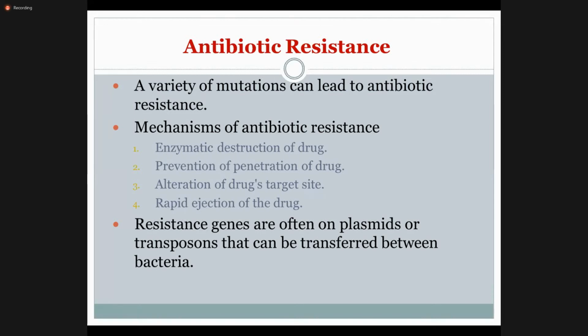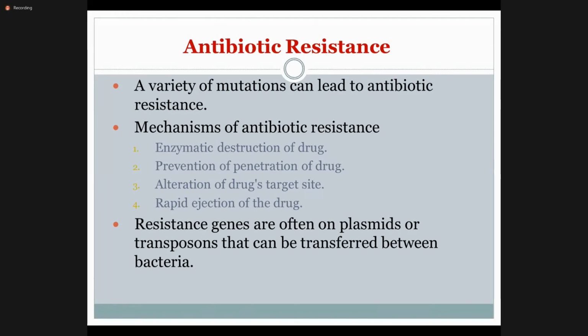Number three, alteration of the drug's target site. This is another mechanism. Rapid ejection of the drug: there is a term that we use, the efflux pump. Efflux pump. So normally, what is the compensatory mechanism? Because you know why we are using antibiotics, either to kill the organism or to inhibit its growth, right?